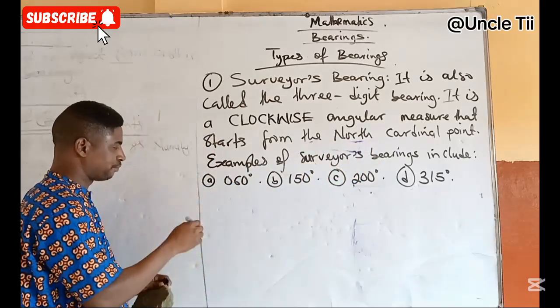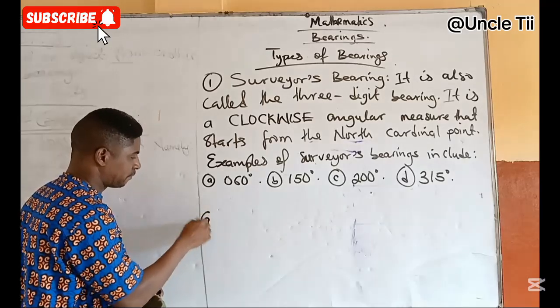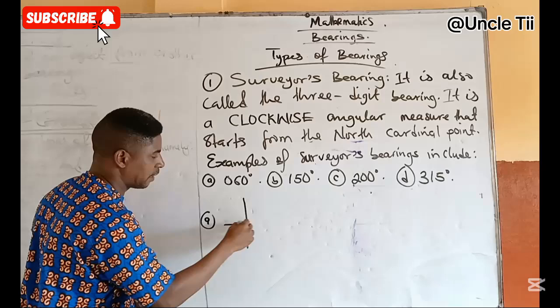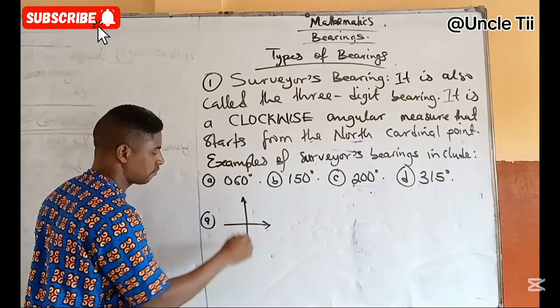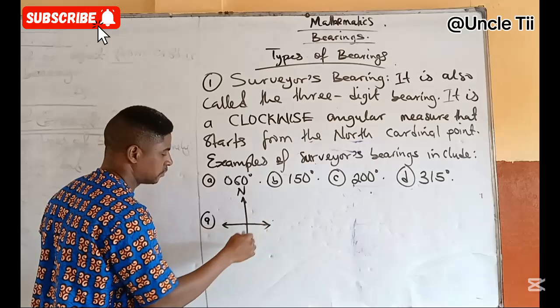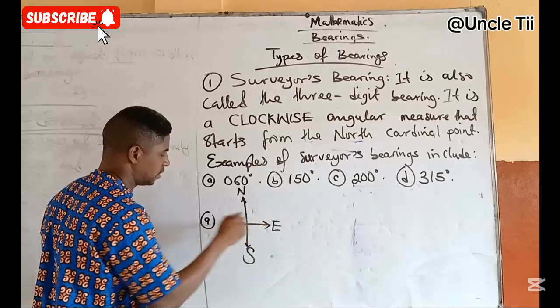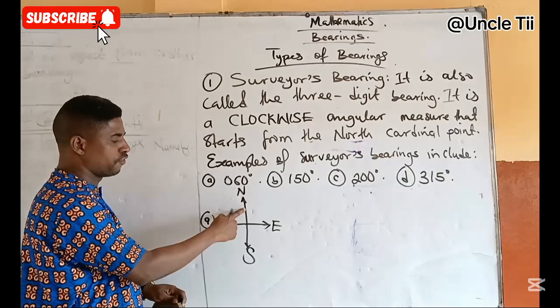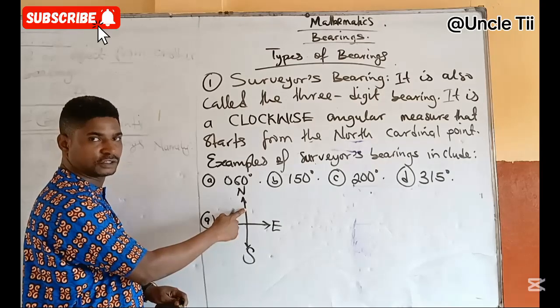For example, in A, here are our 4 cardinal points: north, south, east, and west. Don't forget that you are moving clockwise from the north.